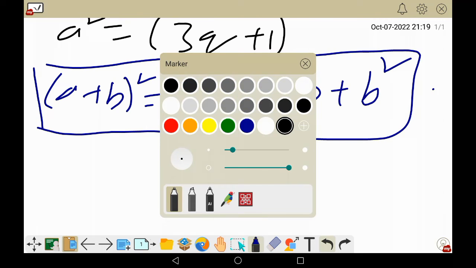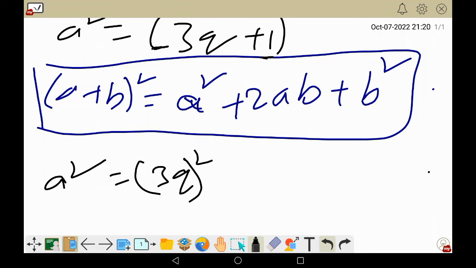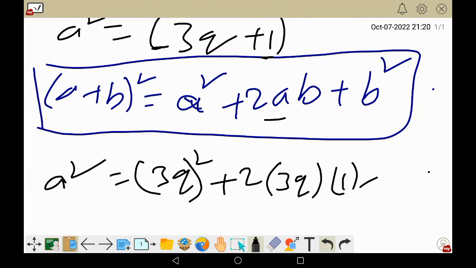So this is A and this is B. A square as it is. Now apply the formula here: A square means 3q square, plus 2 as it is, A means 3q, B means 1, plus B square means 1 square.